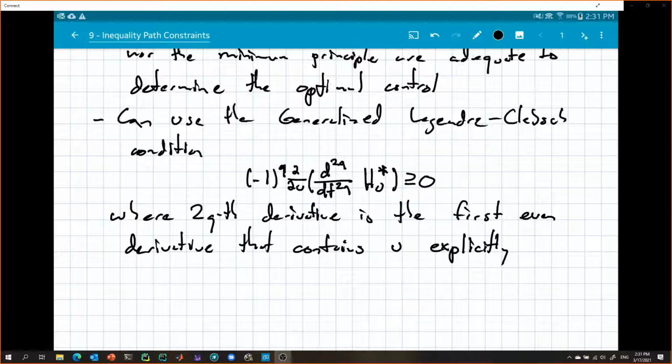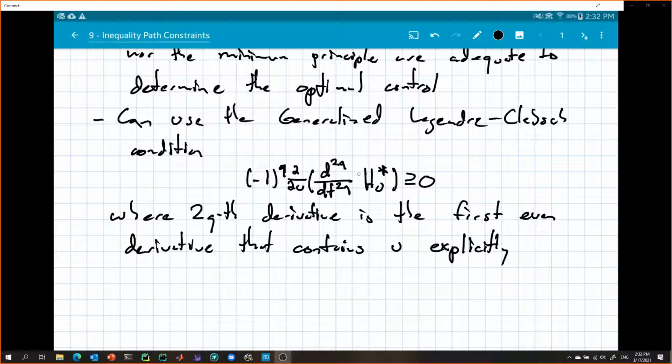similar to the way we handled state-only constraints, here we take even time derivatives of the first partial of the Hamiltonian with respect to u until the control appears explicitly, and the partial with respect to u of that switching function, even and odd, is greater than or equal to 0.